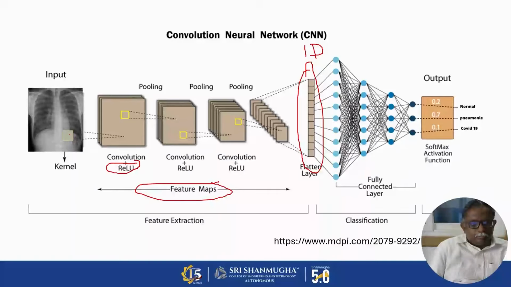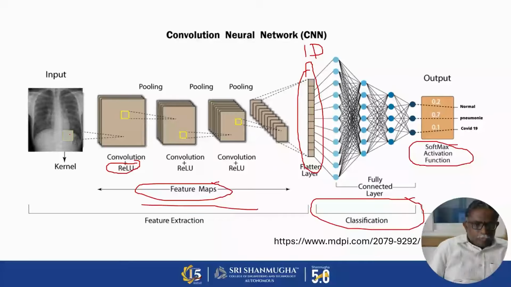It depends on the image that we have. We apply the softmax function to predict the classes. The fully connected layers work for the classification purpose. So in a CNN we do both feature extraction and classification, both happen here.